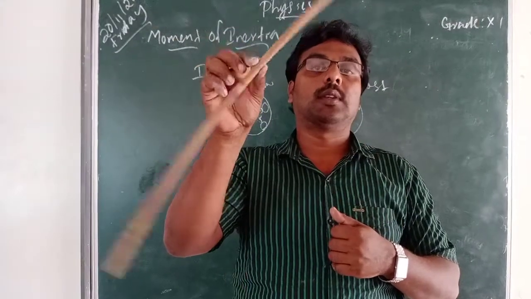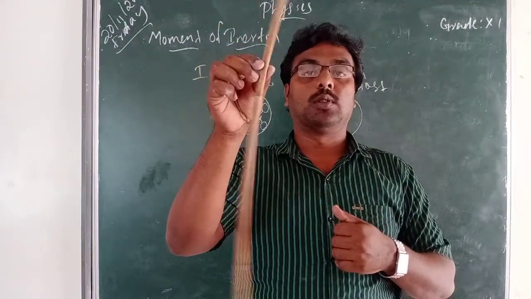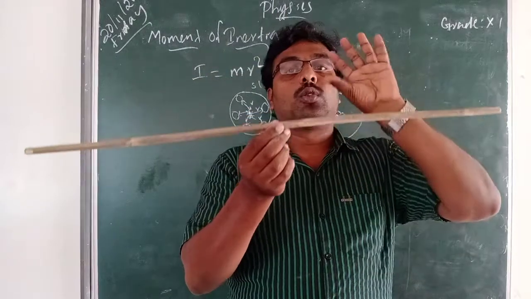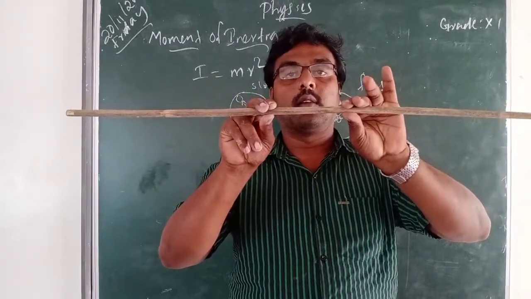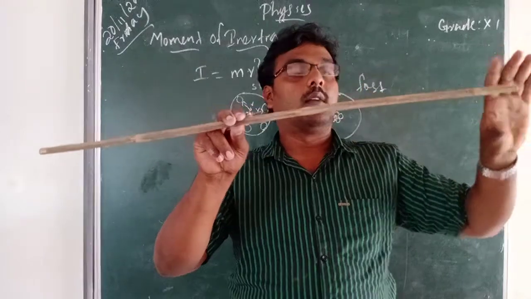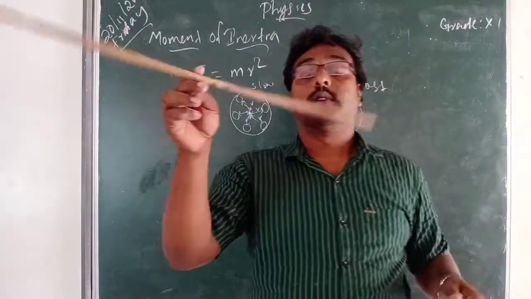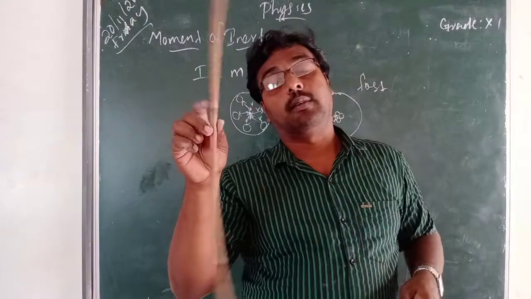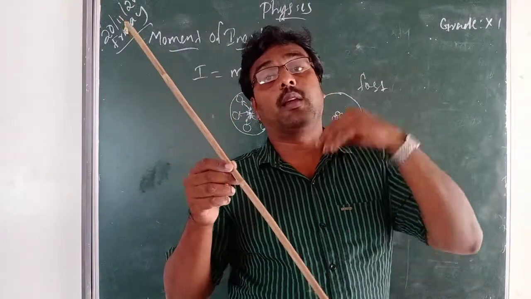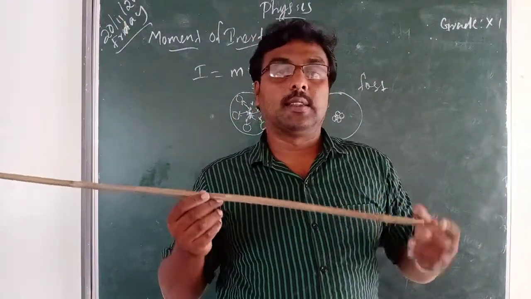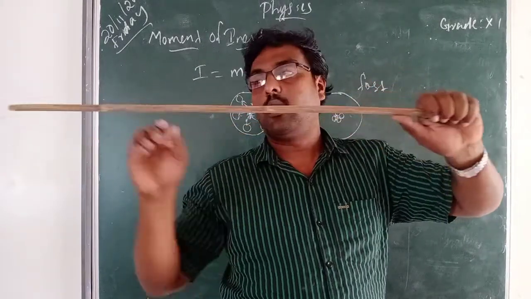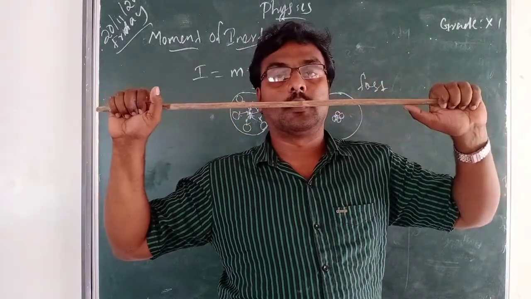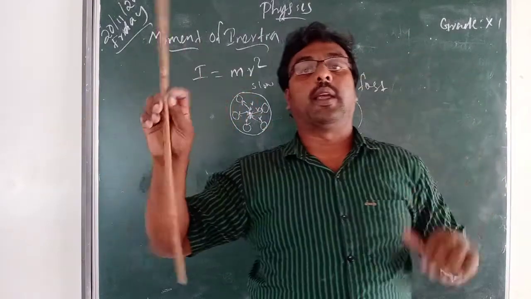There is nothing to resist, so it moves easily. Now take two stones or two objects and tie them at this position and rotate. Then remove them and tie both at the ends, and rotate.